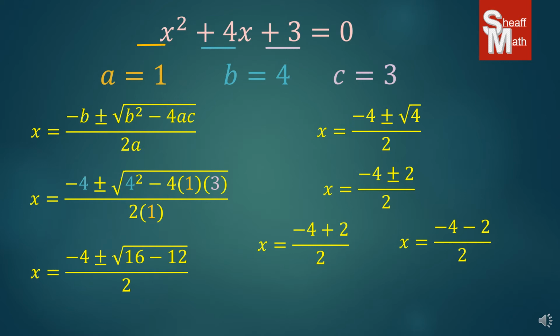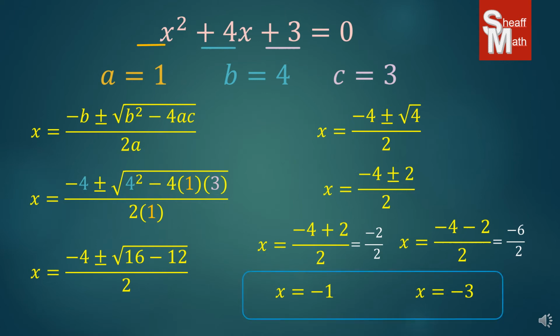The first one, -4 plus 2, is -2 over 2, and that makes -1. The second one is -4 minus 2, which is -6 over 2, which makes -3. And these are the x-intercepts of your quadratic equation. Okay? You have solved this quadratic equation.